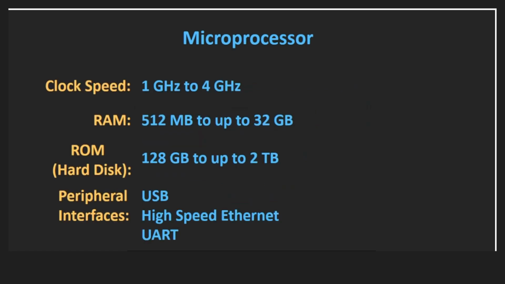This is the specification of a microprocessor. Here the clock speed is 1 GHz to 4 GHz, the RAM size is 512 MB up to 32 GB, the ROM size is 128 GB up to 2 TB, and the peripherals are USB and the interface is high-speed Ethernet.